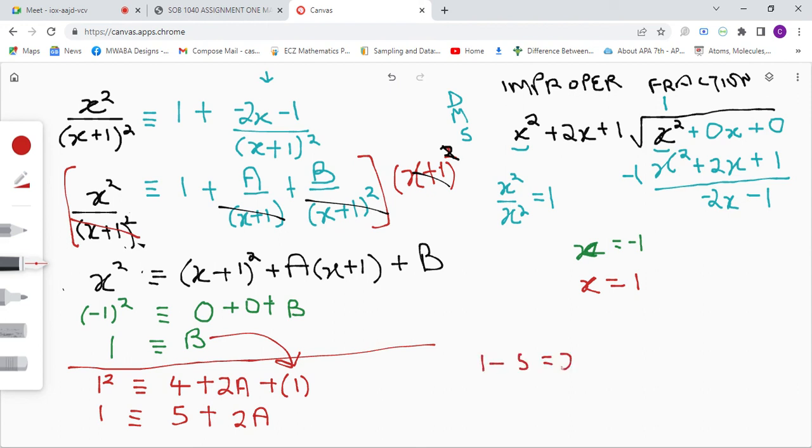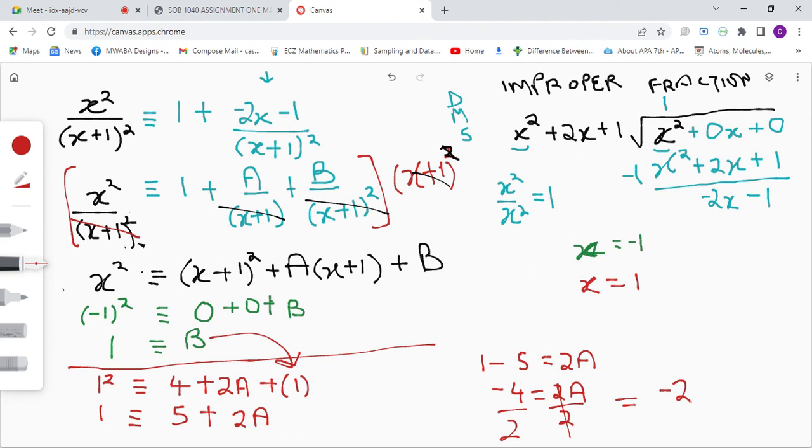We're going to have 1 minus 5 equals 2a. 1 minus 5, that is -4. So to get the value of a, we divide both sides by 2, and a equals -2.